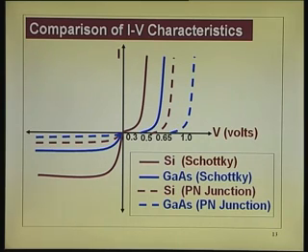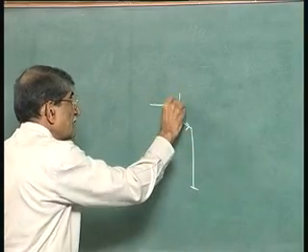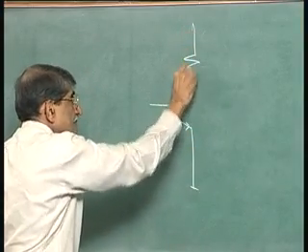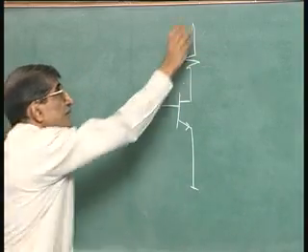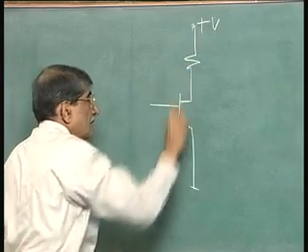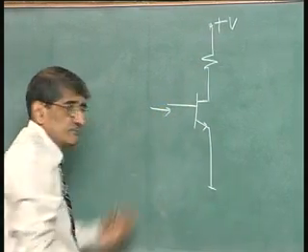The reason is, in the TTL the device goes into saturation, correct. Let me go through that now. A simple example: you show an inverter like this, and I put the plus there, pumping in current.